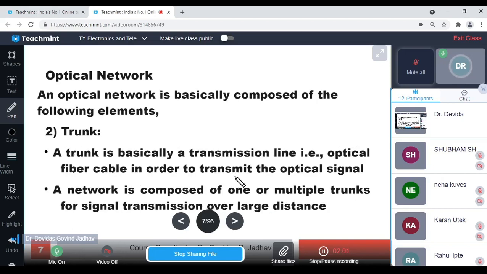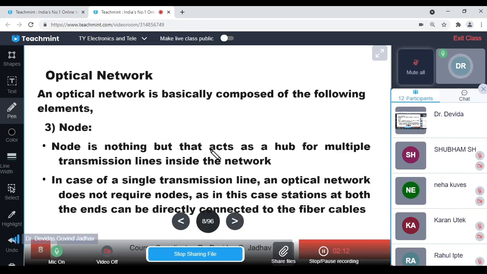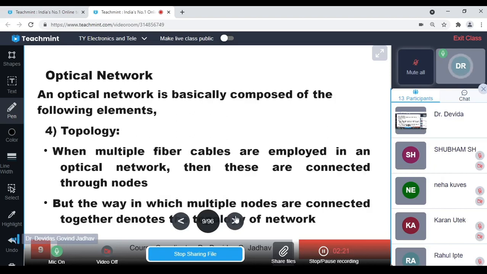Then a trunk is basically a transmission line, an optical fiber cable, in order to transmit the optical signal. A network may have multiple trunks. Nodes act as a hub for multiple transmissions. In case of a single transmission line, no node is required.